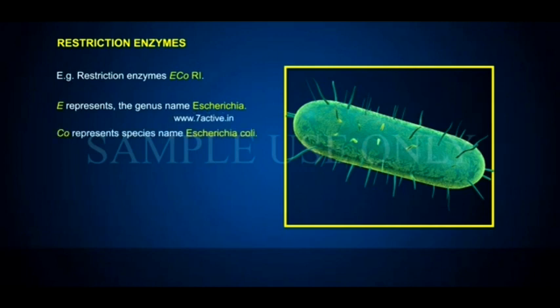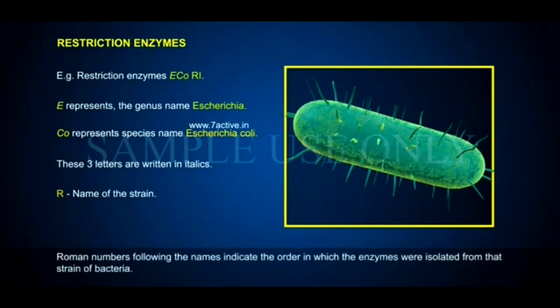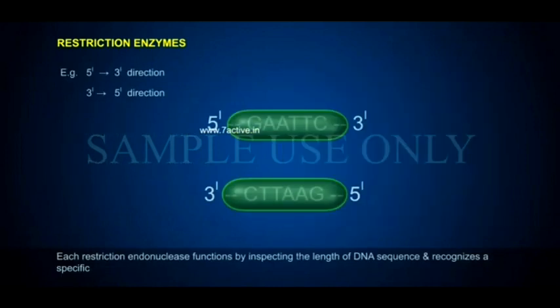CO represents the species name coli. These three letters are written in italics. R is the name of the strain. Roman numbers following the names indicate the order in which the enzymes were isolated from that strain of bacteria.